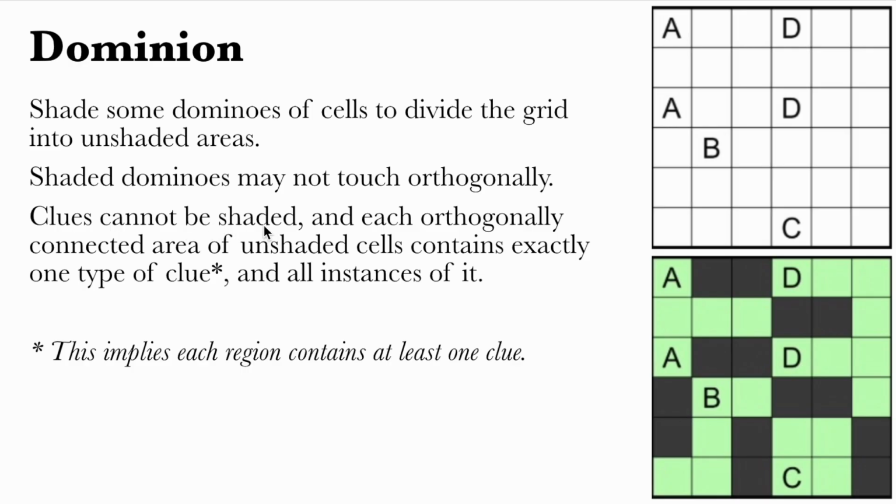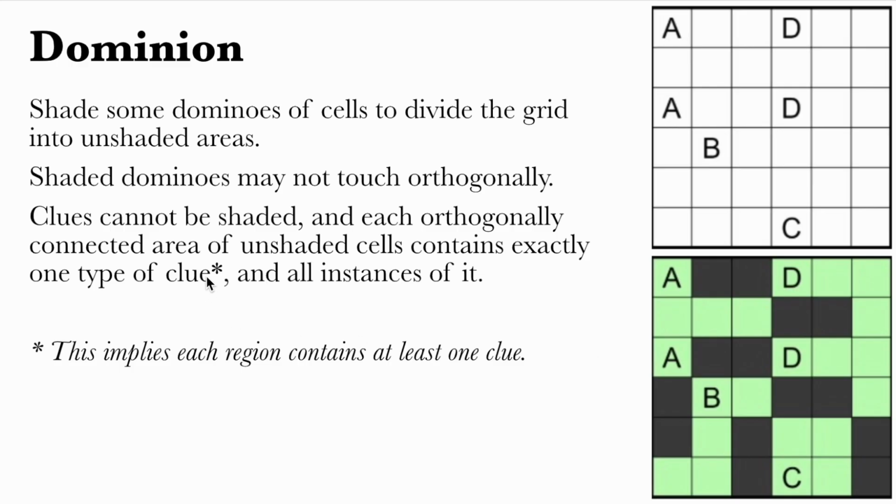Clues cannot be shaded, and each orthogonally connected area of unshaded cells contains exactly one type of clue and all instances of it. So clues are these letters, and you see that this is an orthogonally connected area here. You can get to any one cell from any other cell just by going horizontally and vertically through the area.